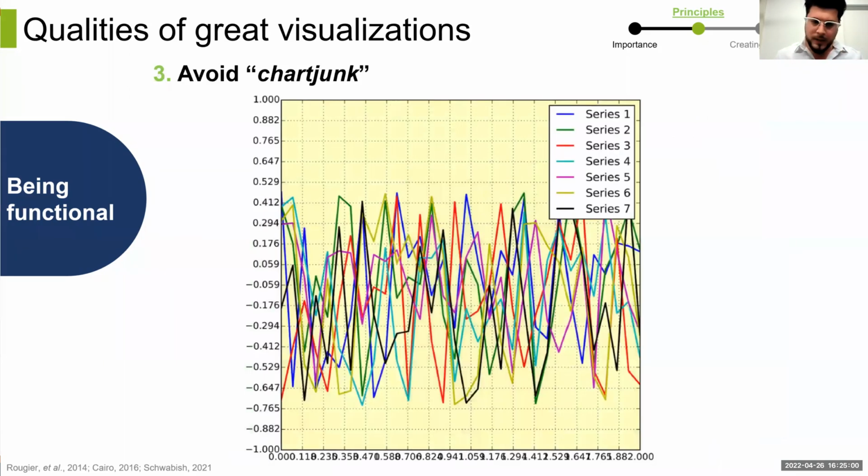Another thing which is extremely related to reducing the clutter is avoiding chart junk. This is a concept from the literature, meaning unnecessary or confusing visual elements that do not improve the message in the best case, or add confusion in the worst case. As we see in the example, displaying all of your data is unnecessary, it's chaotic, and it's also hurtful.